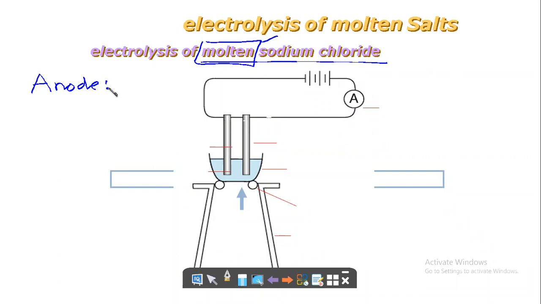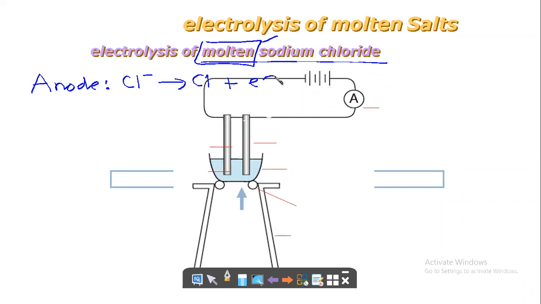At the anode, for this example, the Cl- ion will move. We start the half equation with the ion. Cl- will be attracted to the anode, and oxidation occurs at the anode, so Cl- will be oxidized. Remember, in oxidation the electrons are on the product side.